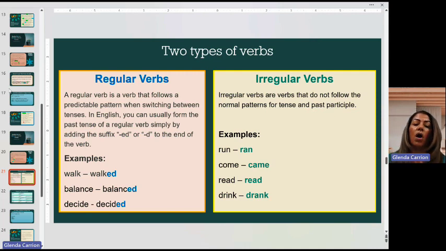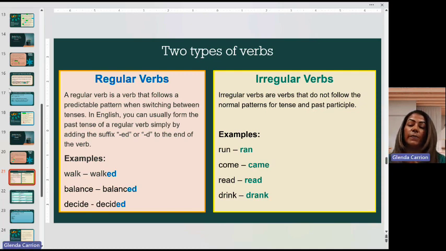Examples are walk, walked, balance, balanced, decide, and decided. There is going to be another video in which I explain the difference between the pronunciation of these verbs.